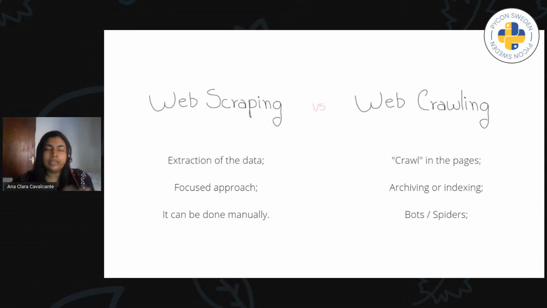The main difference is, first, web scraping focuses on the extraction of data. So let's say you have data from a website, like sports stats, or music names from a list, and you need to grab it and store it in a JSON file.